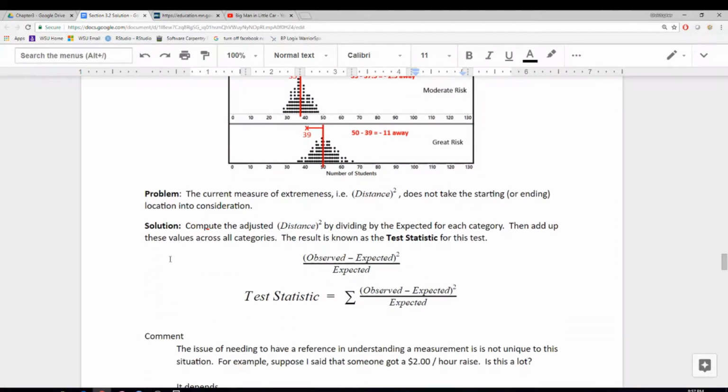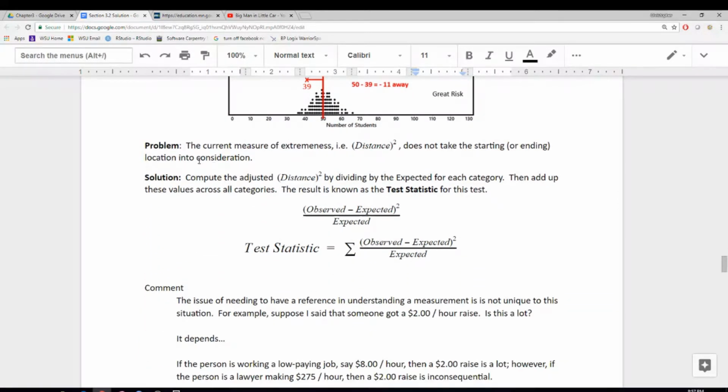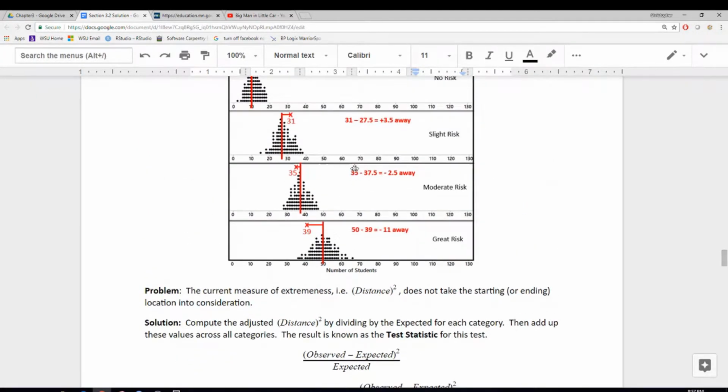So what is the problem here? Well, the problem is that our current measure of extremeness, which up to this point we've been using just distance squared, does not take the starting or ending location into consideration.